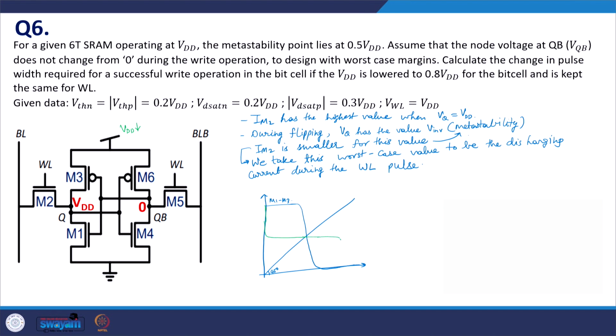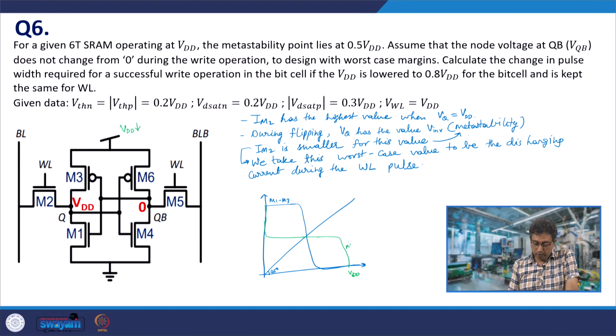This is for M4, M6 for nominal voltage. For lower voltage, as we had discussed in the course, this would again come on the 45-degree line. So, we reduce this by 80%. This will be for M1, M3, 0.8 VDD.